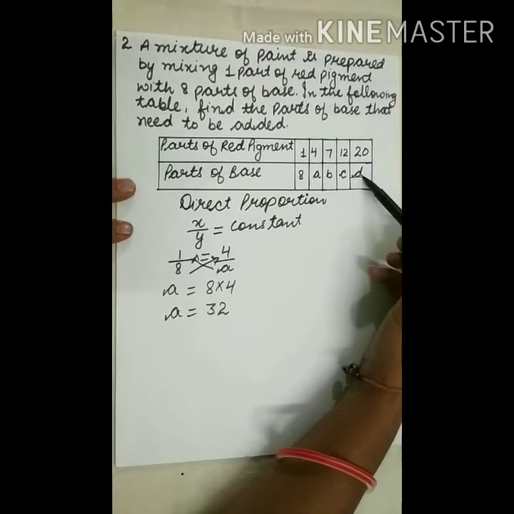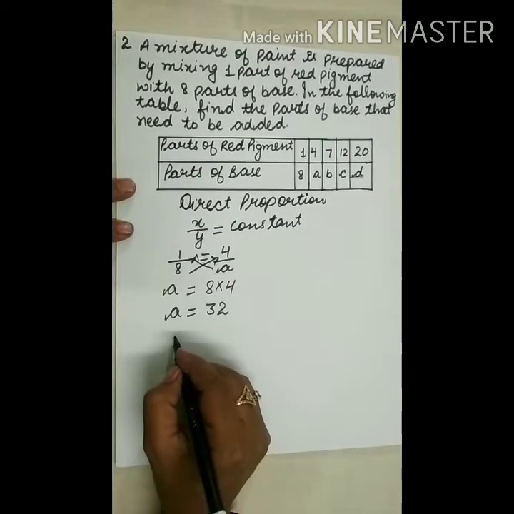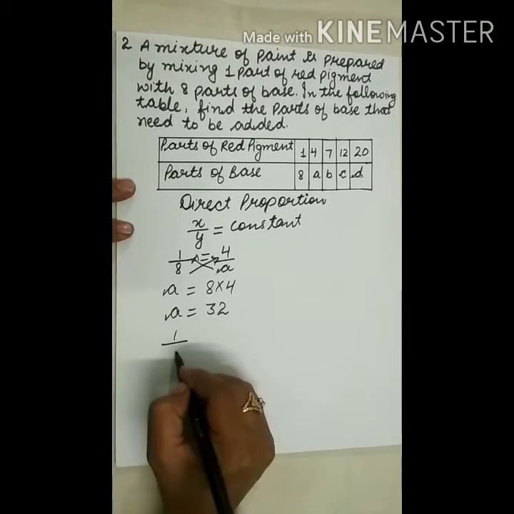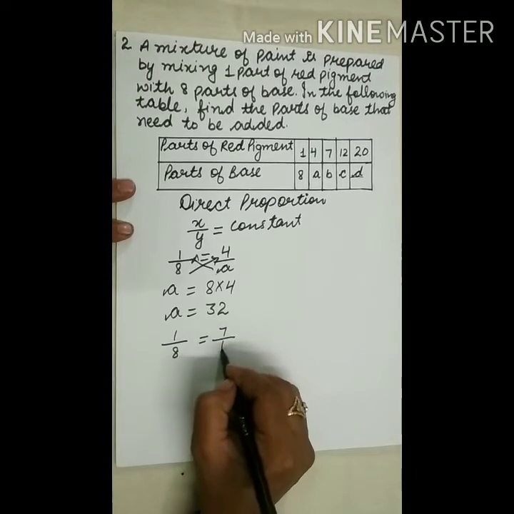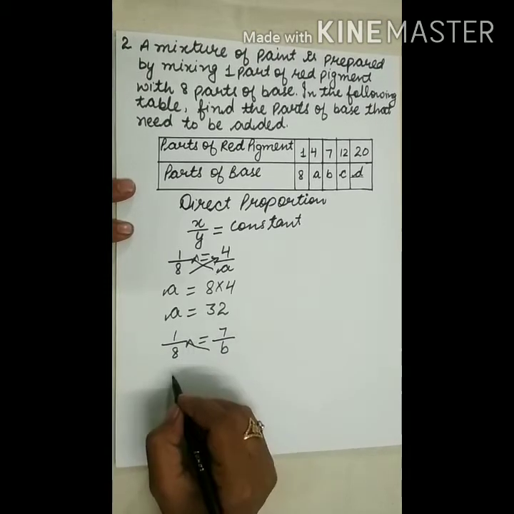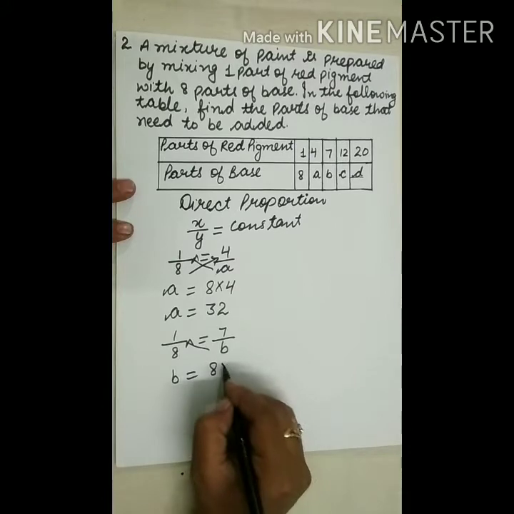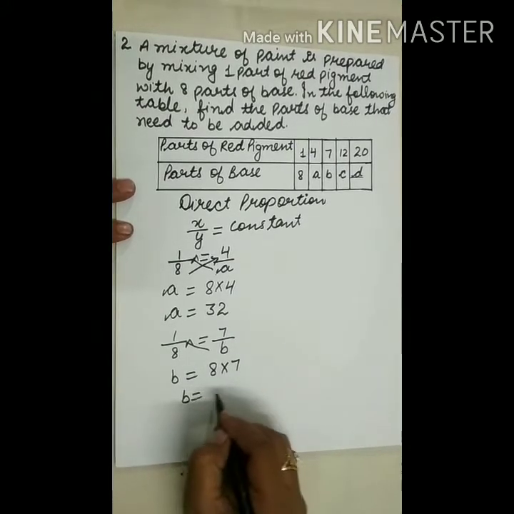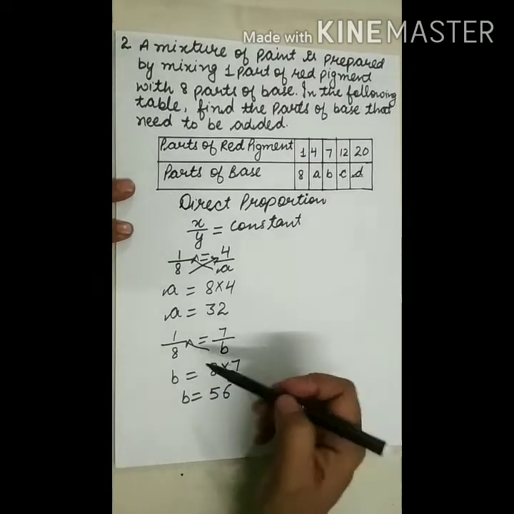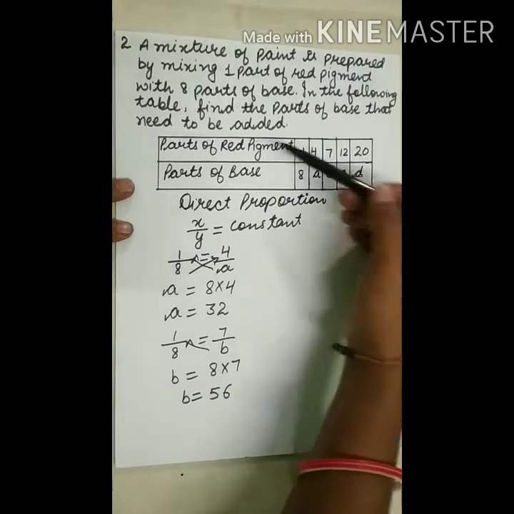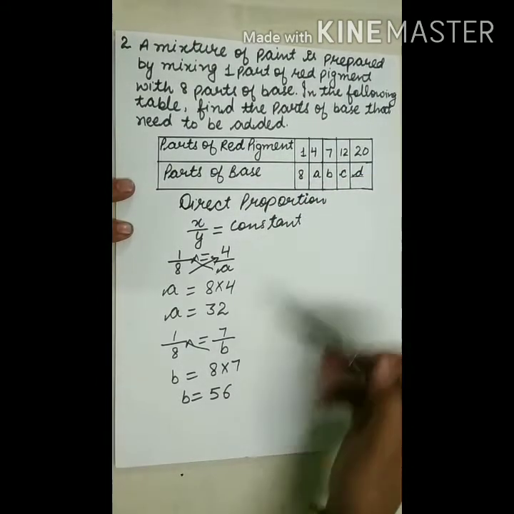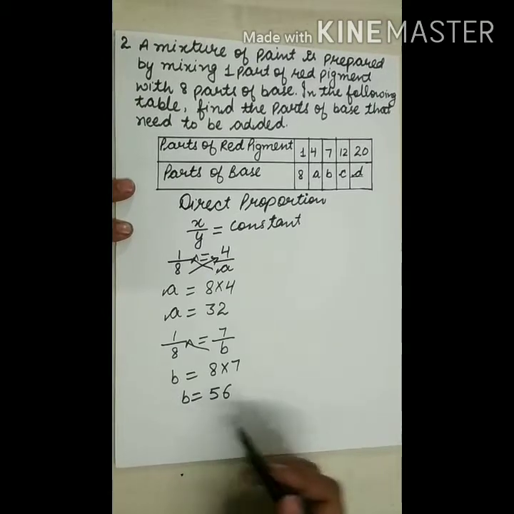Similarly we will find all the values. 1 by 8 must be equal to 7 upon b. b multiplied by 1 is b. 8 multiplied by 7 is 56. So for 7 parts of red pigment 56 parts of base are required.